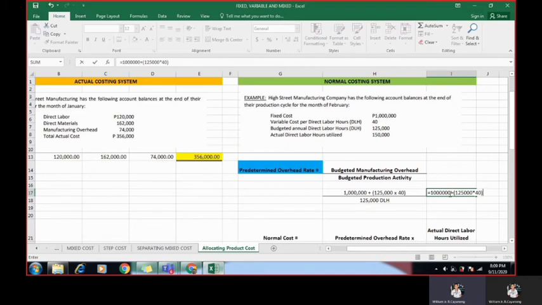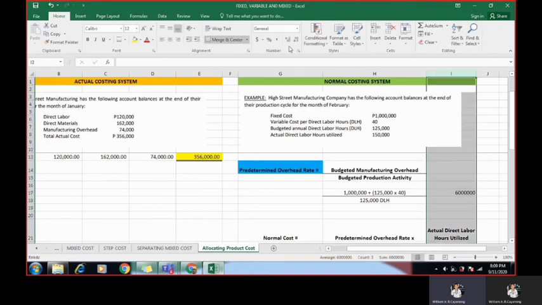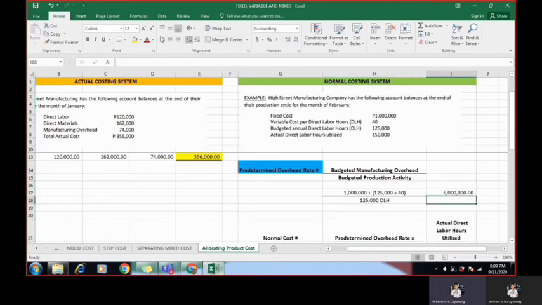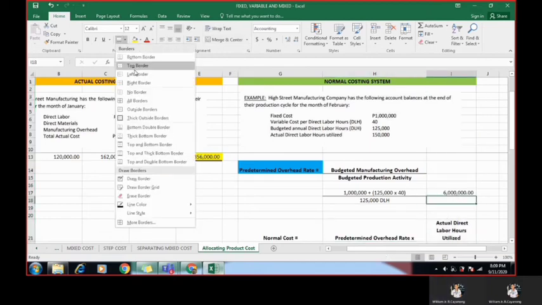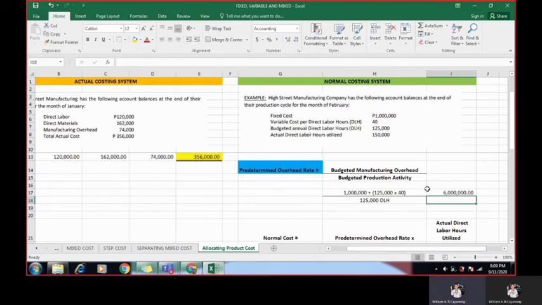So that's 6 million, divided by the budgeted production activity. So how much is the budgeted production activity? Ito, budgeted annual labor hours of 125,000.